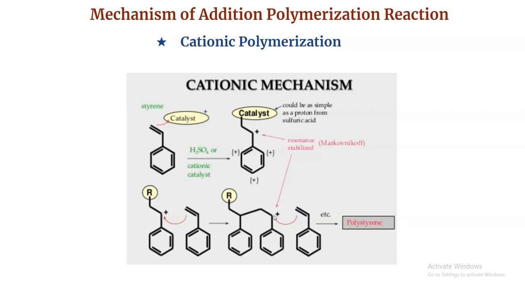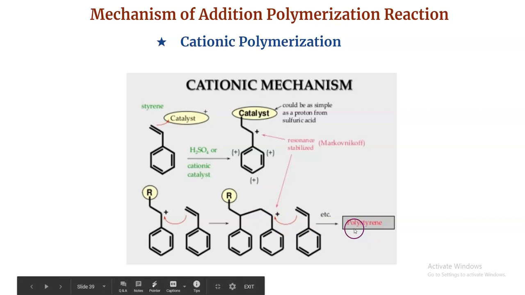There are different ways. I don't want to go into the details, but if you are interested, you can research the termination step. So that's a cationic mechanism. You start with a cation, you propagate through the formation of a cationic intermediate, and at the end you terminate with an anion or a negative species, which is not shown here. At the end you get a polymer. In this case, it's polystyrene.